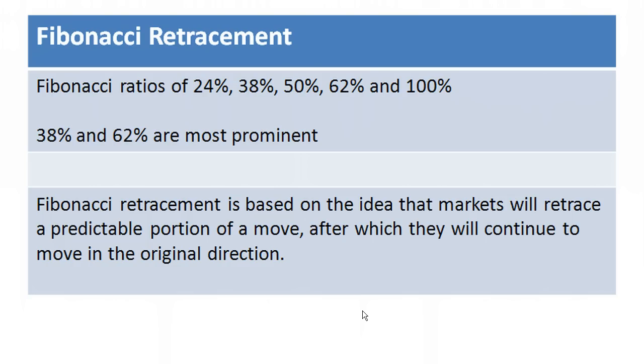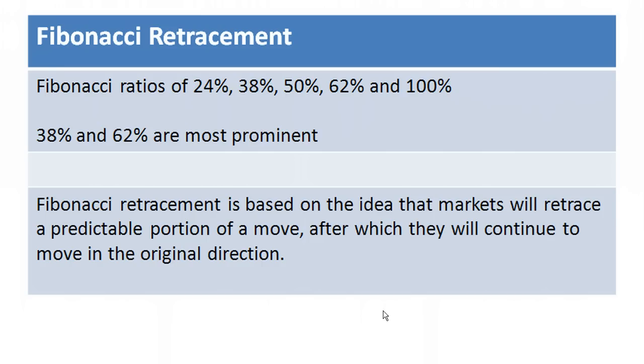There's going to be a point where people are going to book profits or exit in the interim, and the markets will retrace a bit. By retracement, we mean that in an uptrend there will be a short correction or even a bigger correction, and at the end of the correction, it will again continue that uptrend.